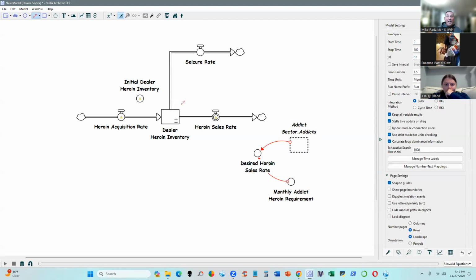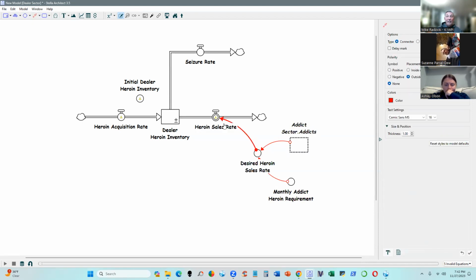And we're going to say that here, the actual sales rate is going to be the desired sales rate, but with one modification. What might that modification be? Availability. Yes. So if there's no heroin inventory, you can't have any heroin sales. Doesn't matter what the addicts want.